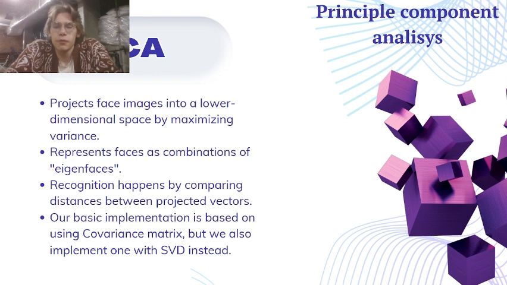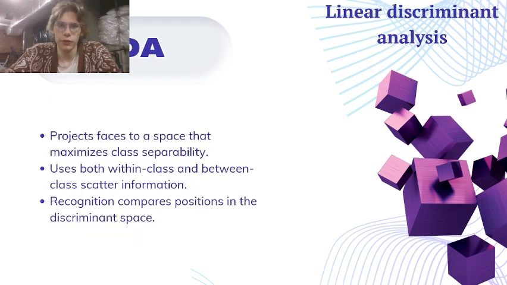Our basic implementation works based on the covariance matrix, and by using it, we find eigenfaces, but it's not the most optimal method. And Nadia Leskovska said that we should try to use SVD, and also our mentor told us to do that. So we are now implementing SVD.